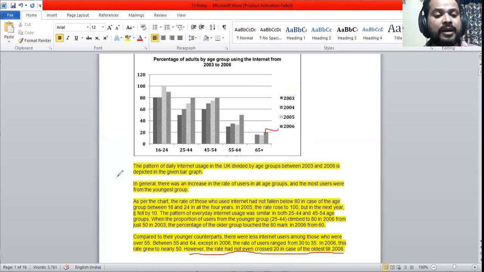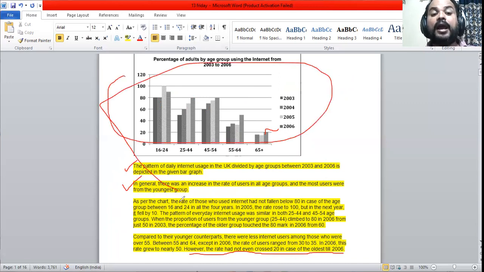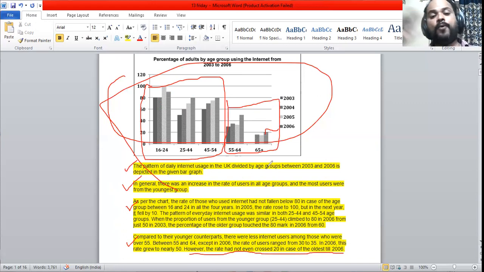We arranged the paragraphs into an introduction, a clear-cut overview, the complete story is there, and the explanation is given there in two groups of paragraphs. So the first group deals with 16 to 54 years. And the second group deals with 55 years and over. So that is the logic.